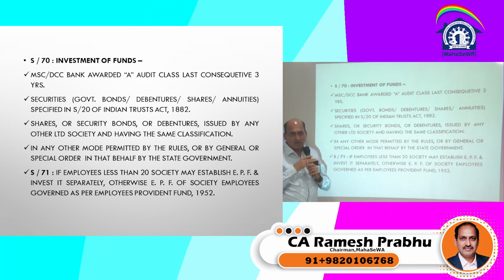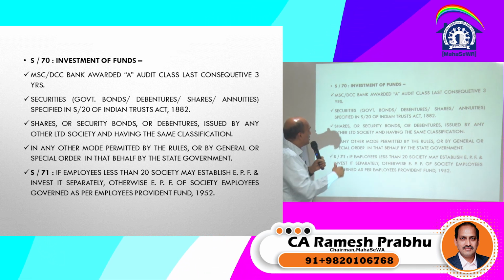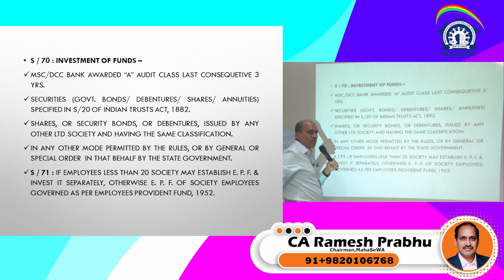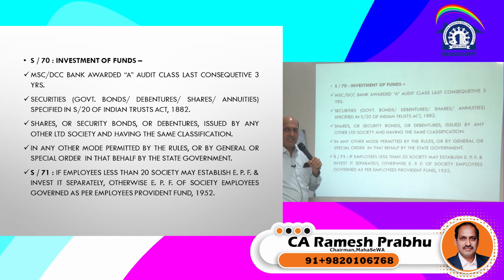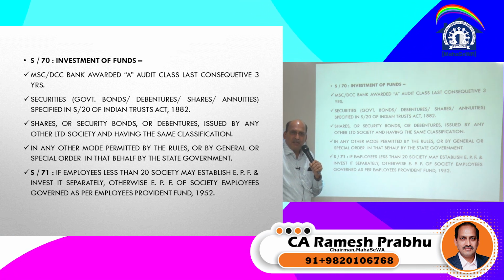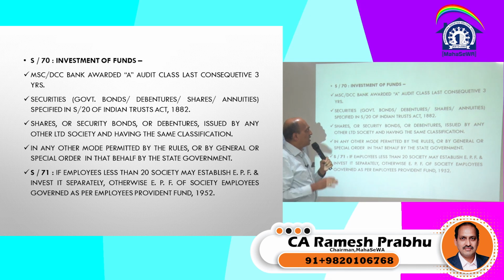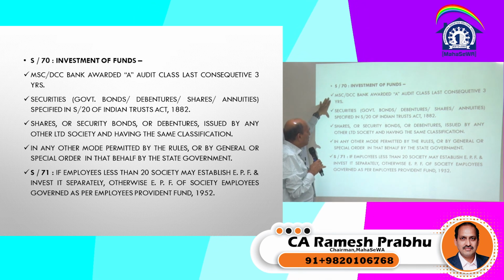When the investment is done, you have to check whether this is any cooperative bank, or MSC or DCCB, whether they have the A audit class in the last 3 years. That needs to be looked into.